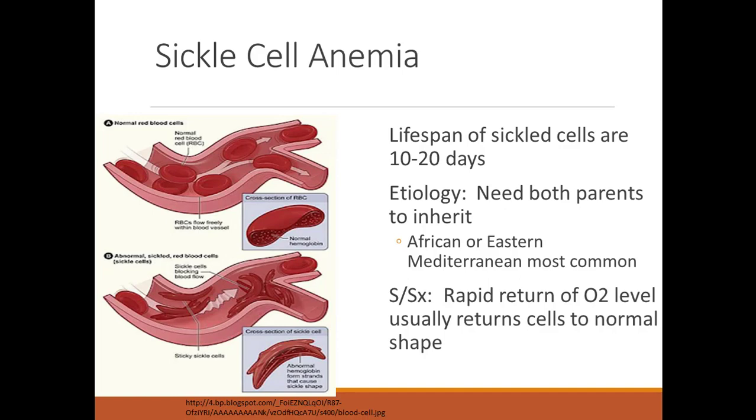But if they're paired with another person with the sickle cell trait, their child will have sickle cell anemia. So I hope that makes sense. So both parents have to have it in order for the child to have it. It's most common in the African or Eastern Mediterranean descent.